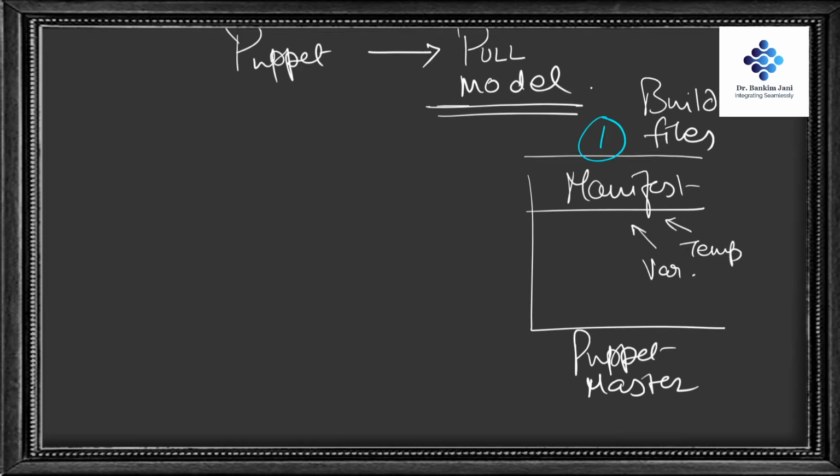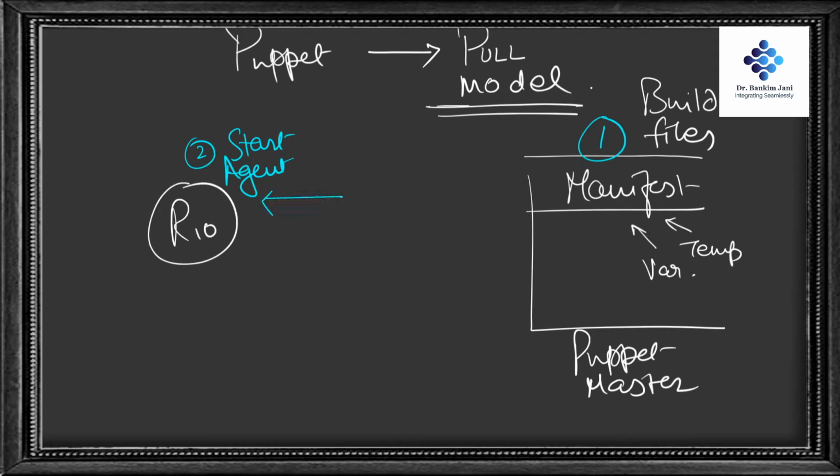You build files, and then we have got our router. As this router is running agent, first thing first, the agent would be started, and this agent would see that let me talk to this headquarter Puppet Master, and there are some changes missing into router 10, so pull the details.